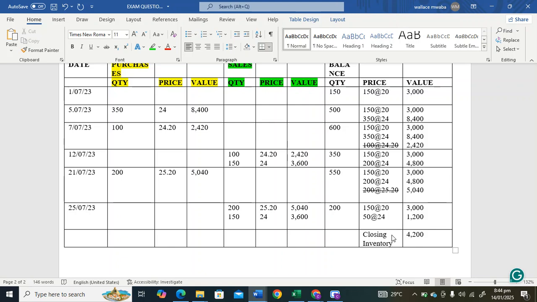Yes, so LIFO is the opposite of FIFO. We start with the latest goods that came in.